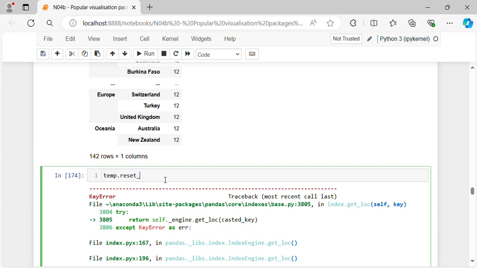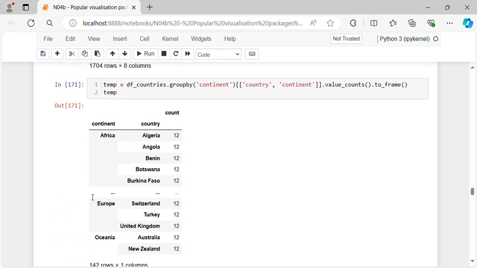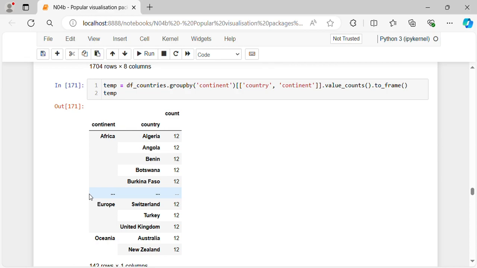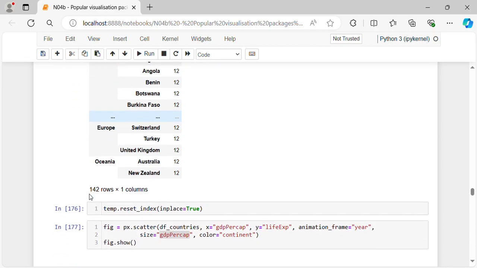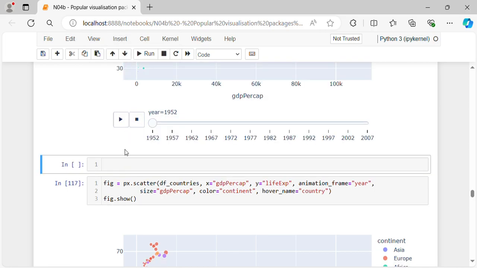Reset index in place equal true. Let's see. Let's print temp.